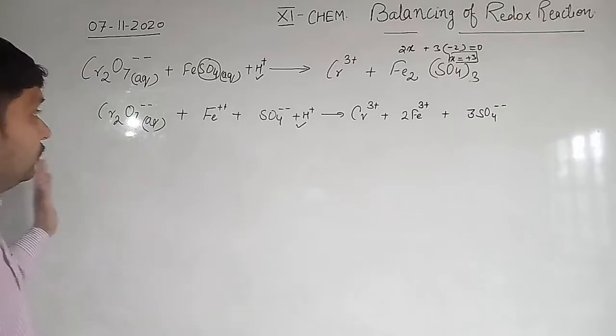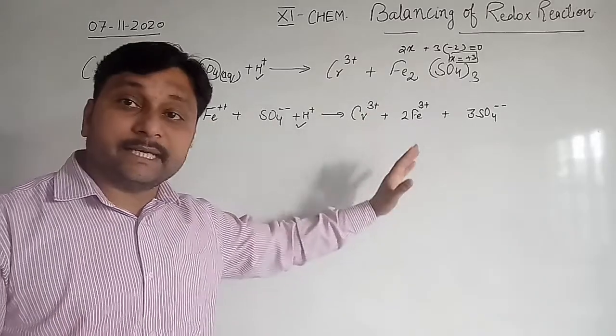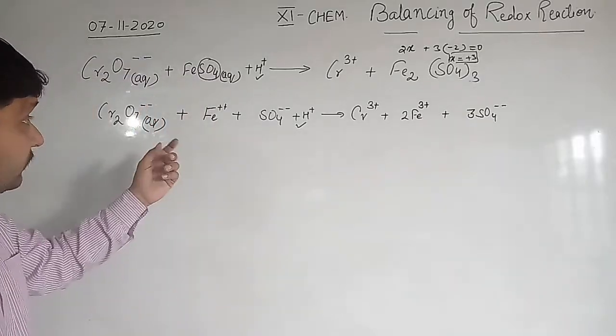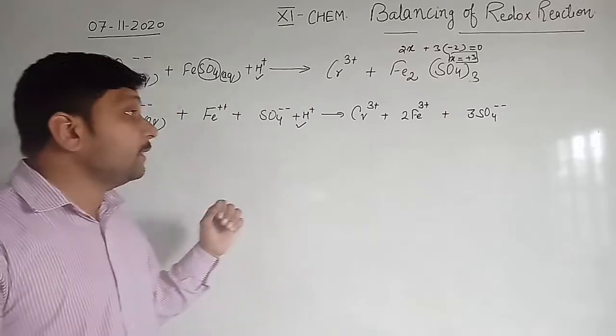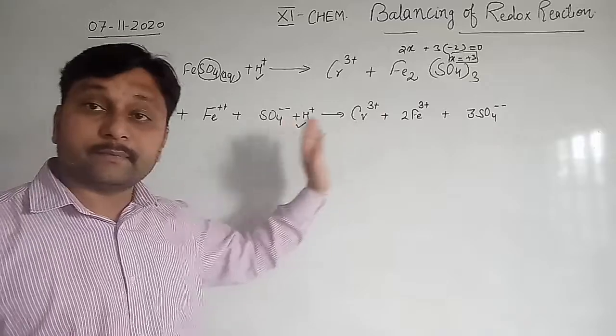So now, on both the reactant side and the product side, all ions are present. Clear? Now first of all we eliminate those compounds which are common on both sides.